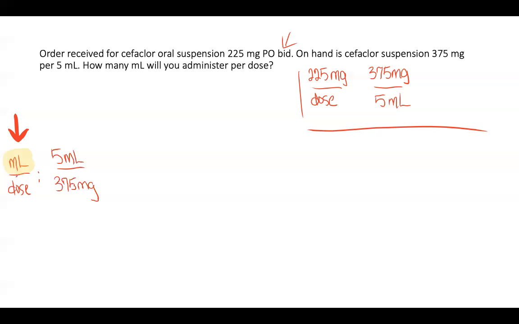Then I cross it out because I used it. All right, so what do I need to plug in next? Remember, I want to match units of measure in the numerator and denominator so that I can cancel them out. I have milligrams on the bottom here, so I need milligrams on the top in the next section of my problem. So I come up to my box and find milligrams. I have 225 milligrams per dose.